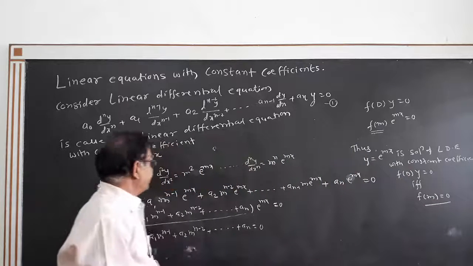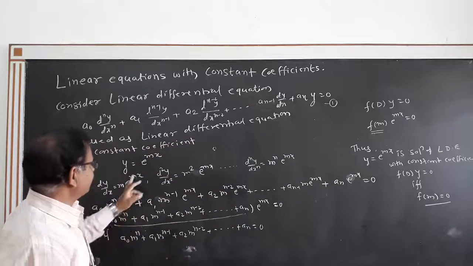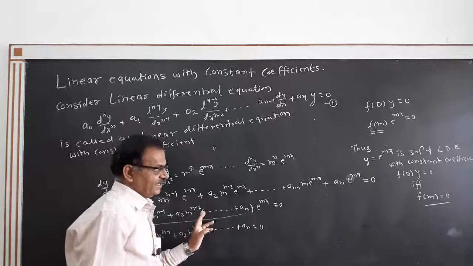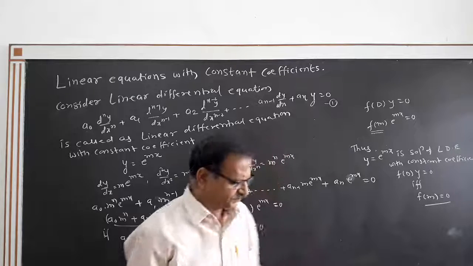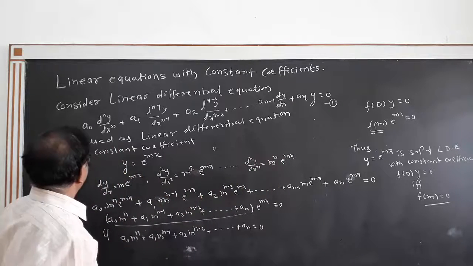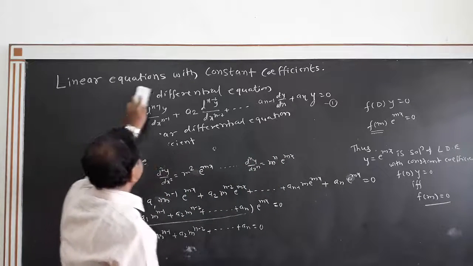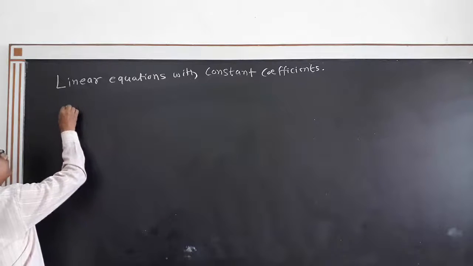And the solution will be e raised to mx, where m are the roots of f(m) equal to 0. Now let us solve some problems on this. We shall write some notes.